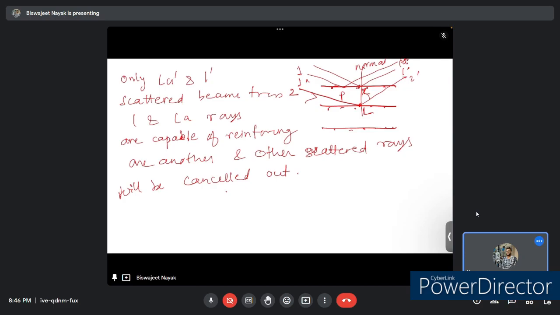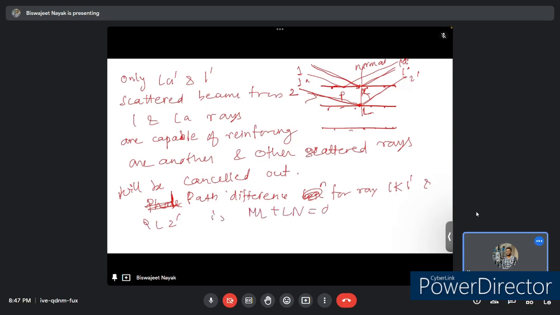The path difference between rays 1K1 dash and 2L2 dash is given by ML plus LN, which is 2d sine theta.